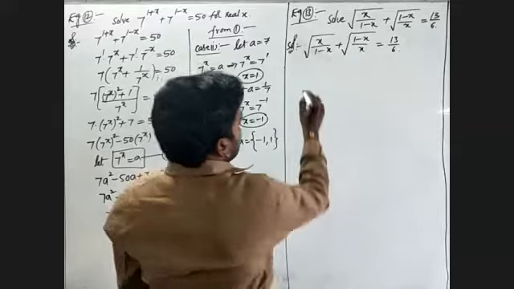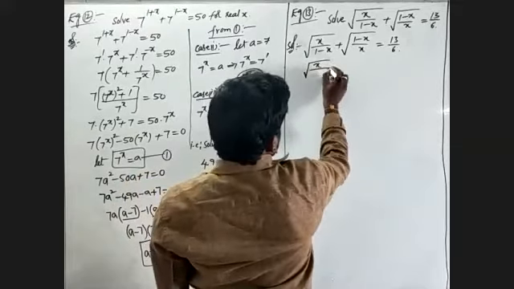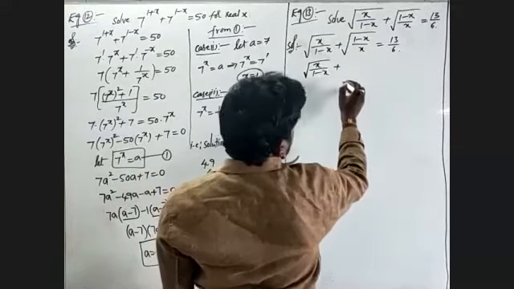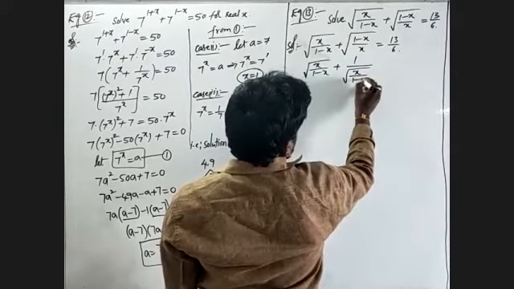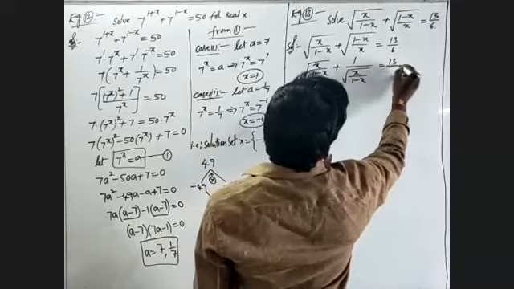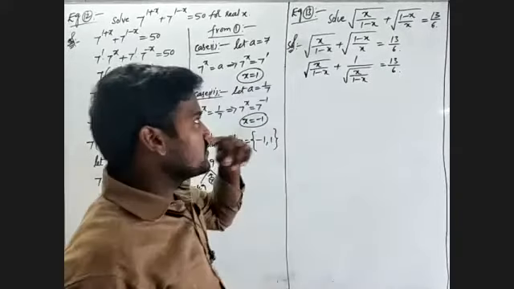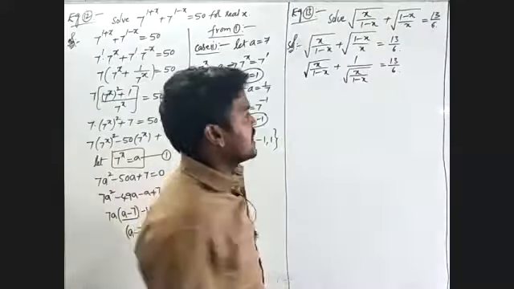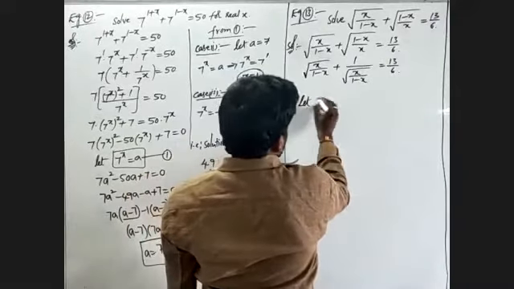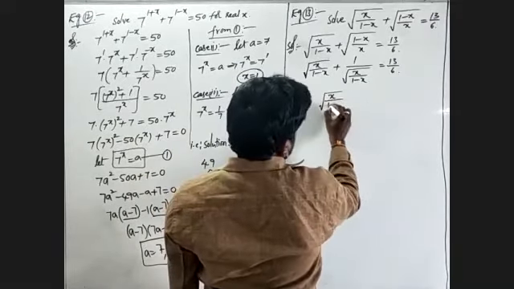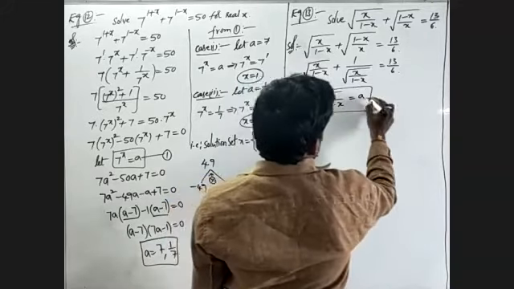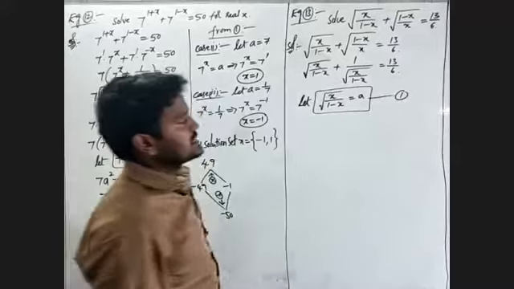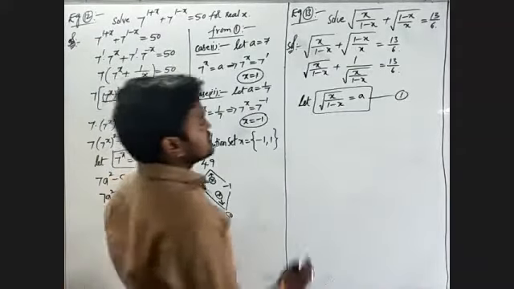So I will write root of x by 1 minus x plus 1 by root of x by 1 minus x is equal to 13 by 6. Why? Because root 1 is always 1. Let root of x by 1 minus x is equal to a. This is my equation number 1.